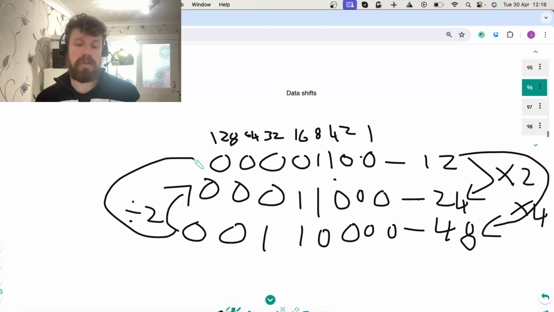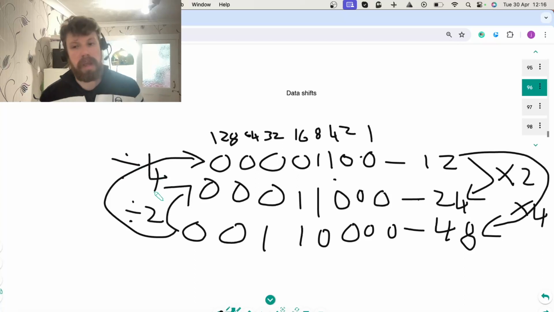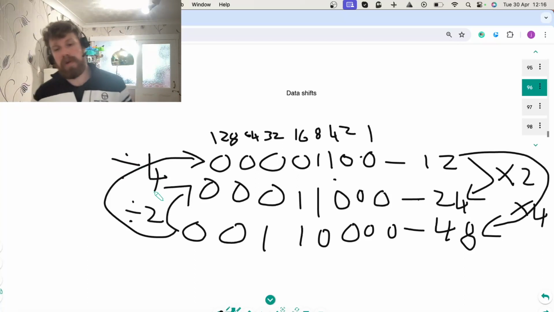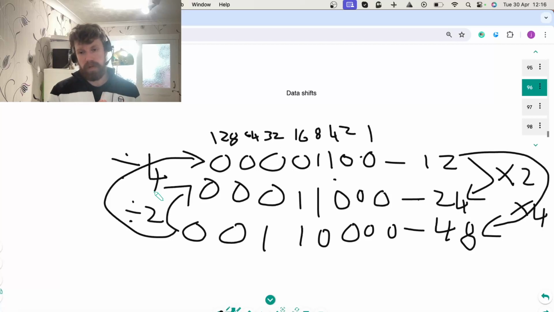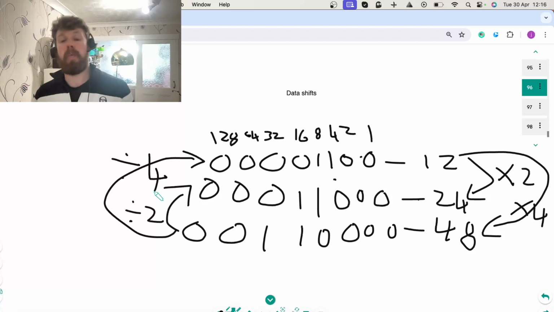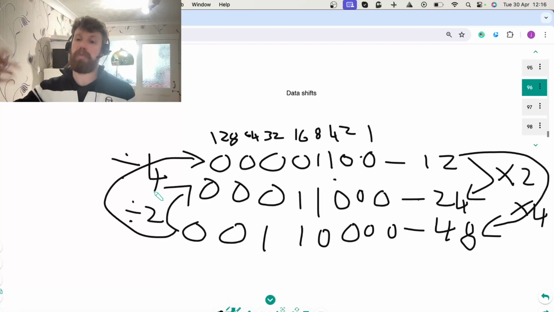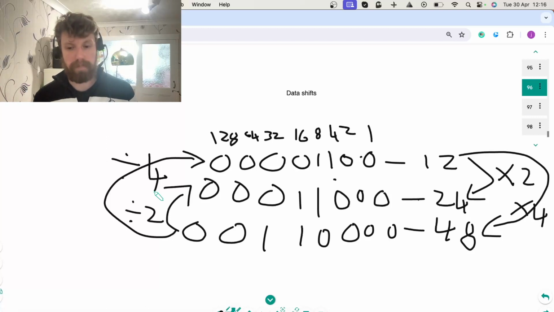If we did a 2 shift, then we've divided by 4. And this is what you need to understand, is if we move it to the left, we're multiplying. If we're moving to the right, we're dividing. And the common question that they might ask you is what effect, say, a 3 shift has or a 2 shift has. And as long as you remember, the first one is 2, the next one is 4, the one after that is 8, and it just keeps multiplying by 2, you'll be absolutely fine.